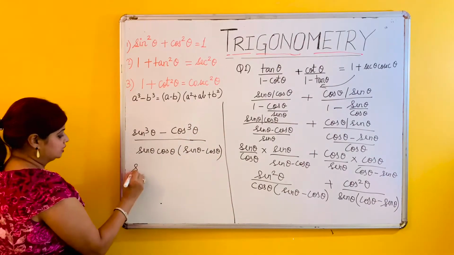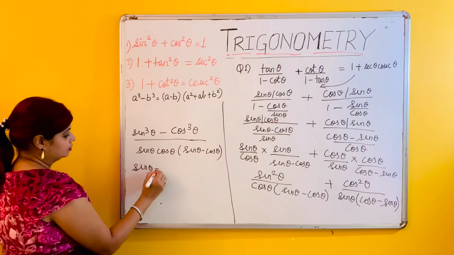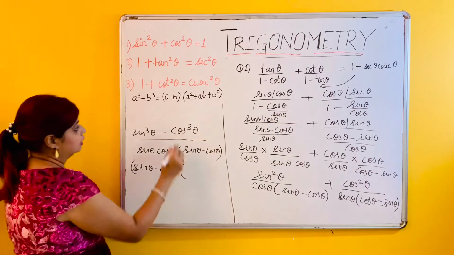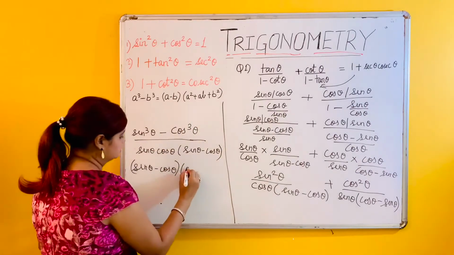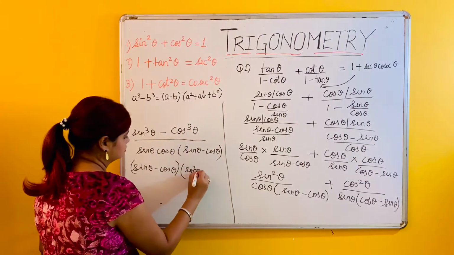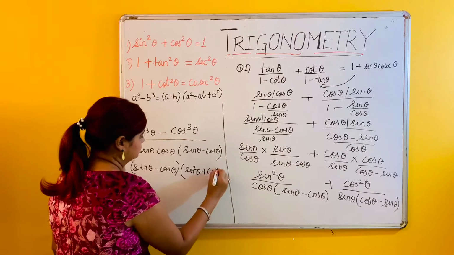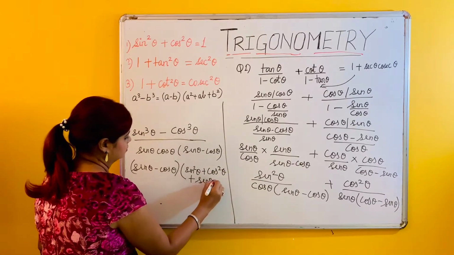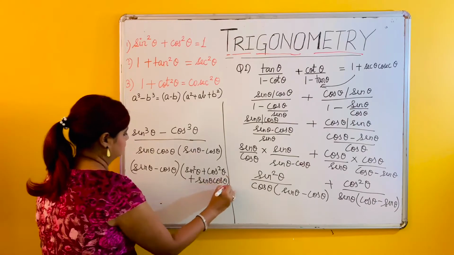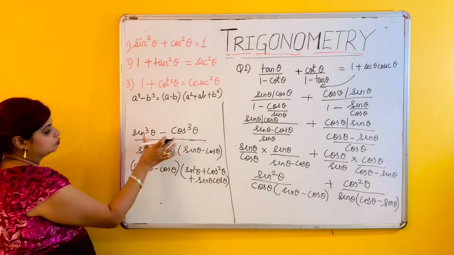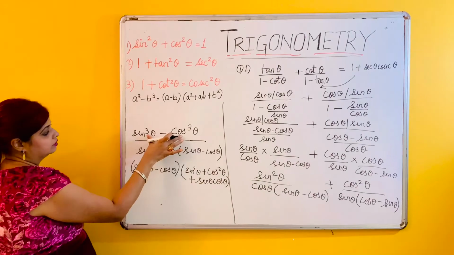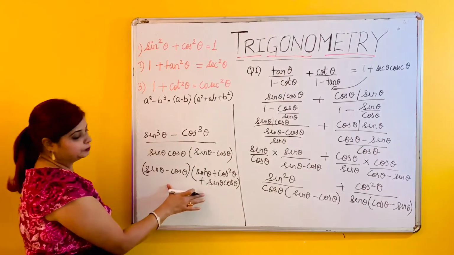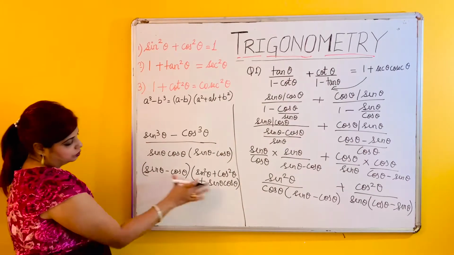So it is sin theta minus cos theta, and then this is sin square theta plus cos square theta plus sin theta cos theta. Okay, so we are using the a cube minus b cube formula here to break this into two factors.